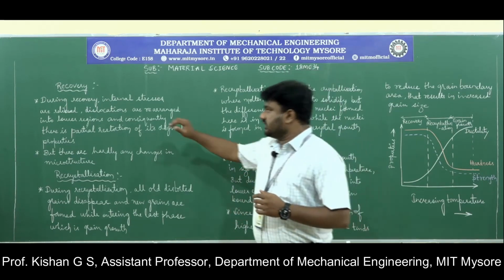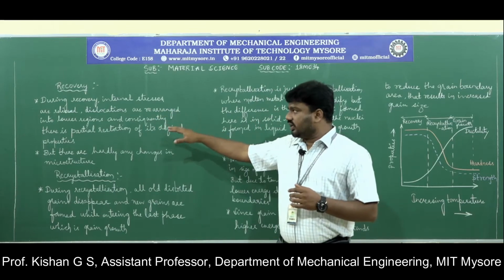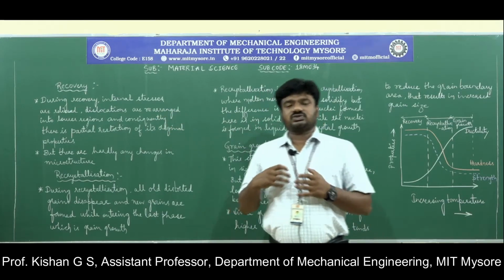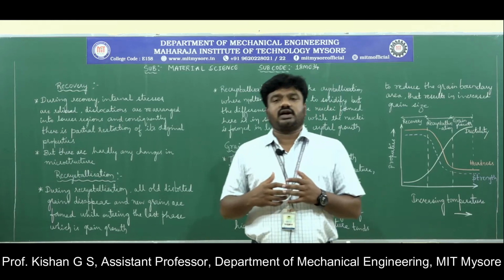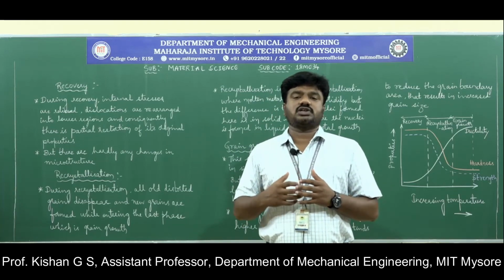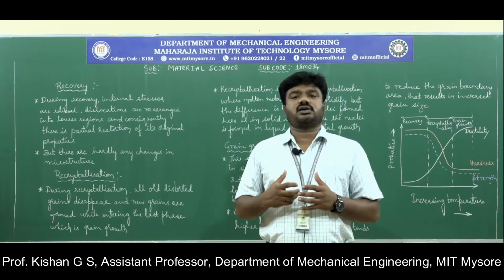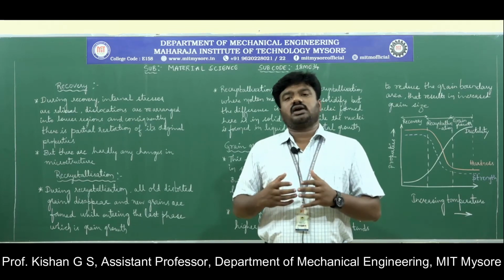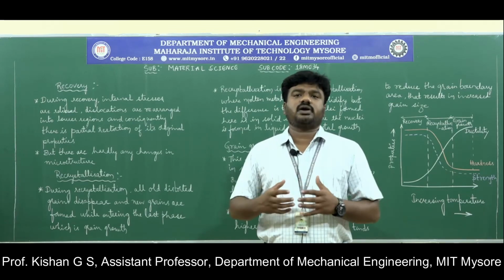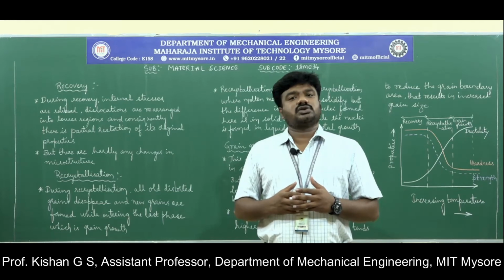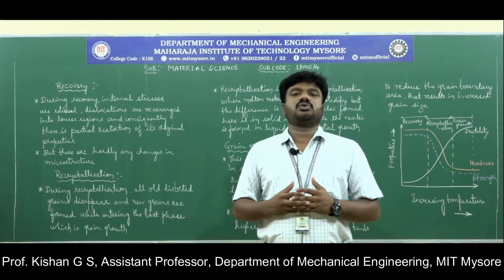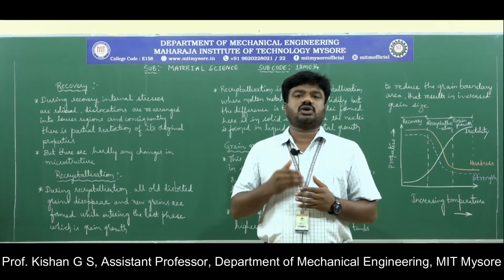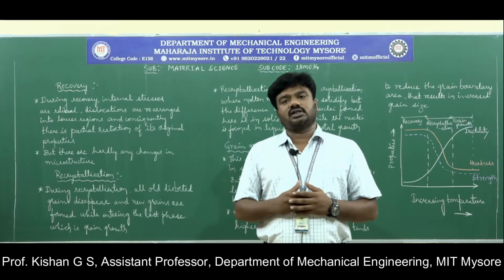Dislocations are rearranged into lower regions. That means as soon as we heat the material to a particular temperature and keep it there, we know that we cannot prepare a material with 100% dislocation free. There will be some amount of dislocation, some amount of error in the production of a material.